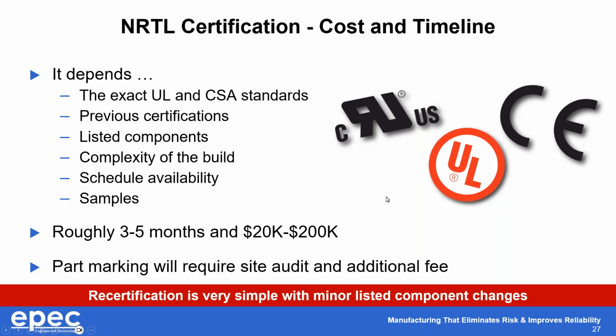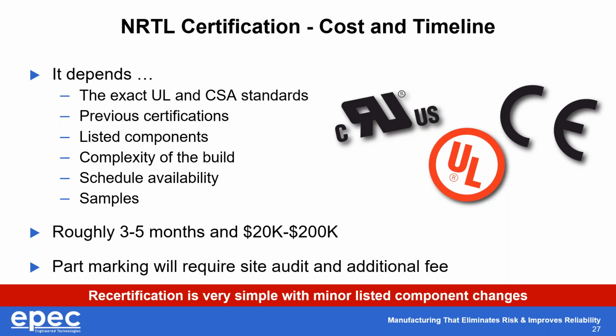A lot of our customers come to us and ask what kind of cost and timeline impacts it would take to achieve a UL or CSA listing. My favorite answer is it depends, but that's the truth.